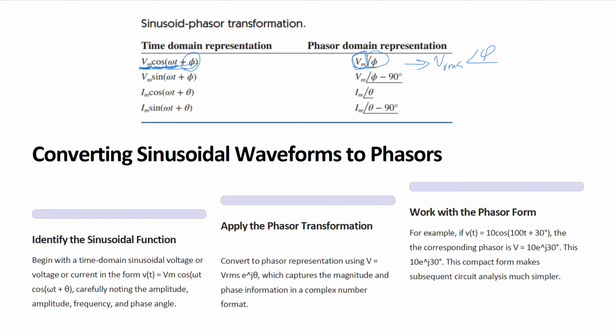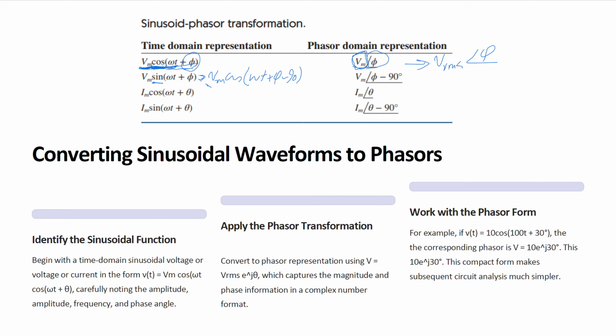Now, the reference for phasor is cosine, because this is a projection over the real axis. If you have a sine, you need to change it to the cosine. And if you change it to the cosine, it simply is Vm cosine of omega t plus phi minus 90 degrees. You already know that from the algebra or calculus or these math courses that you passed.